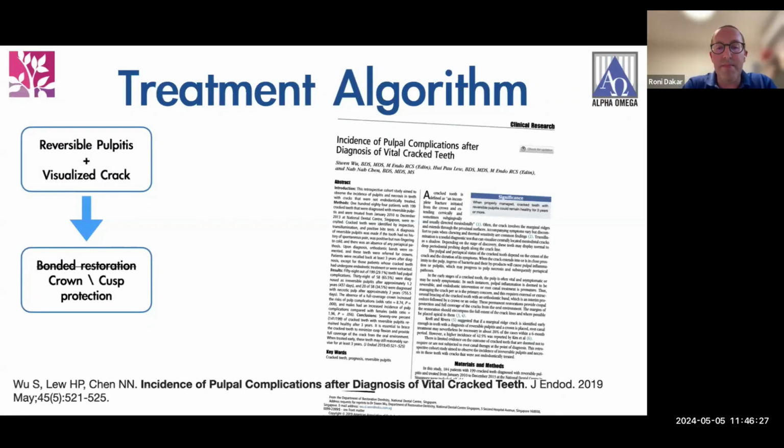and maybe even manage to prevent it from propagating into and involving the pulp, or even progressing apically and leading to extraction. Here I brought an article that followed up on diagnosed cracks without root involvement. They diagnosed 200 teeth with cracks.